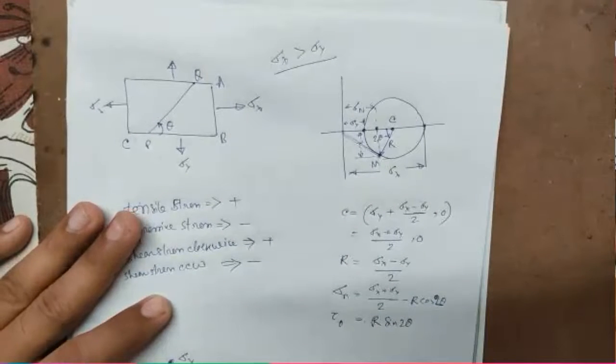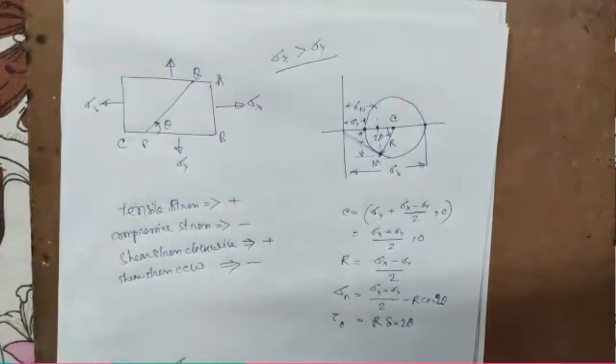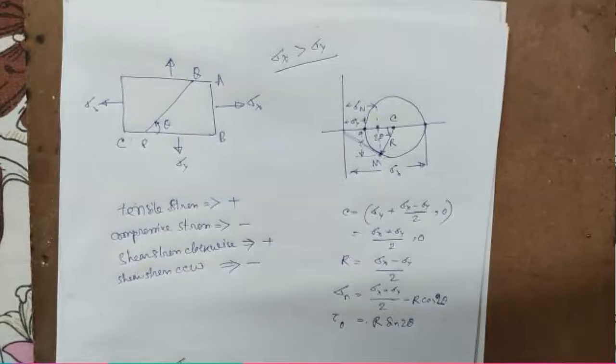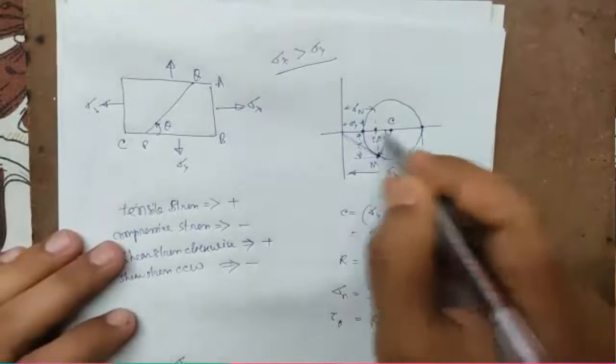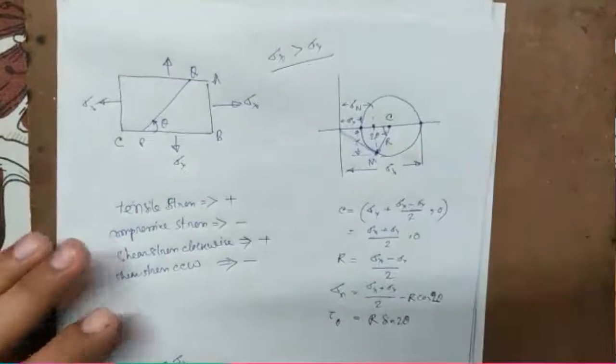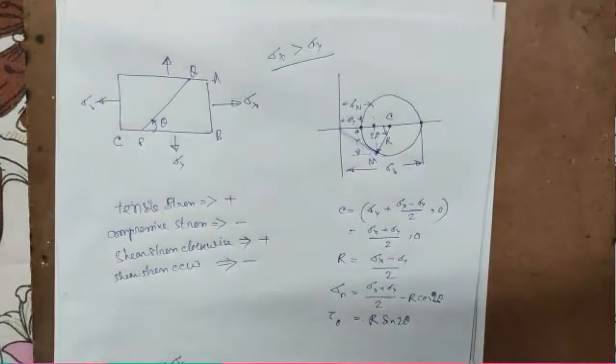Okay, now if you are asked to find out the principal planes, what is the condition of principal plane? At principal planes, the value of shear stress is 0. So here at these 2 points, principal stress can be found out, because at these 2 points shear stress becomes 0.